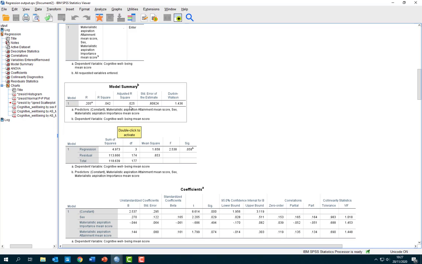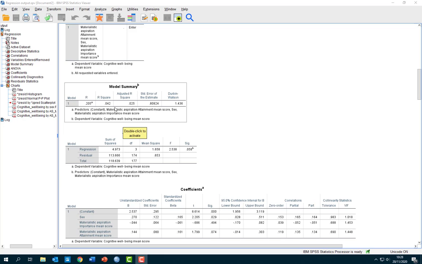What is concerning is that if we multiply that by 100, the percentage of variance that our model, the three predictors together, can explain in cognitive well-being mean score variance is tiny. It suggests that our model can only account for 2.5% of the variance in cognitive well-being scores.